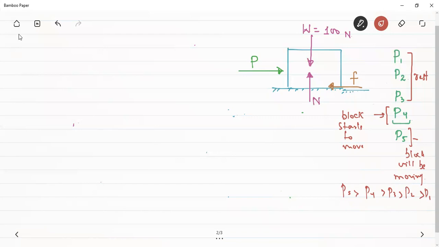That value of the applied force is known as the limiting friction.